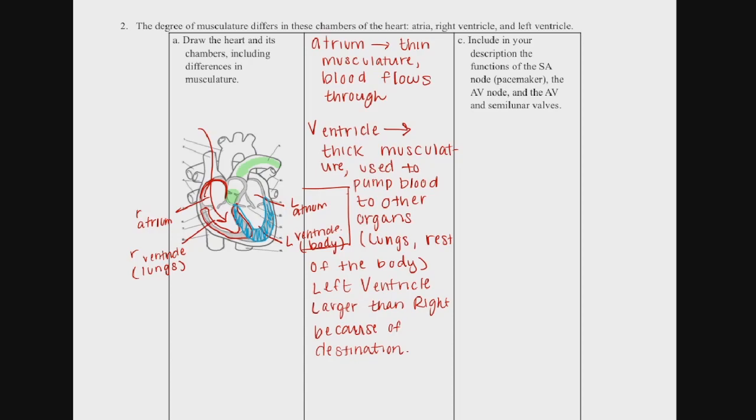We also have the aortic valve, which can be seen right here, and the aorta is right there. I'm going to do that in two different colors. So aorta, aortic valve. This prevents backflow.